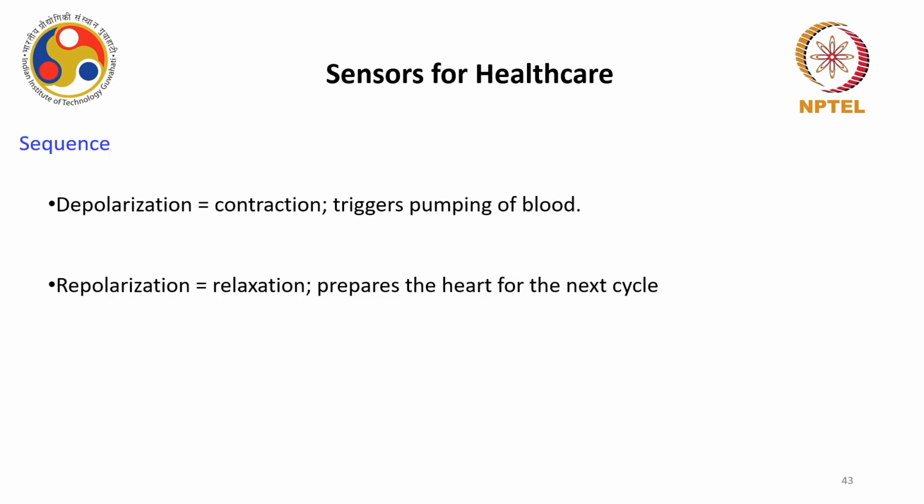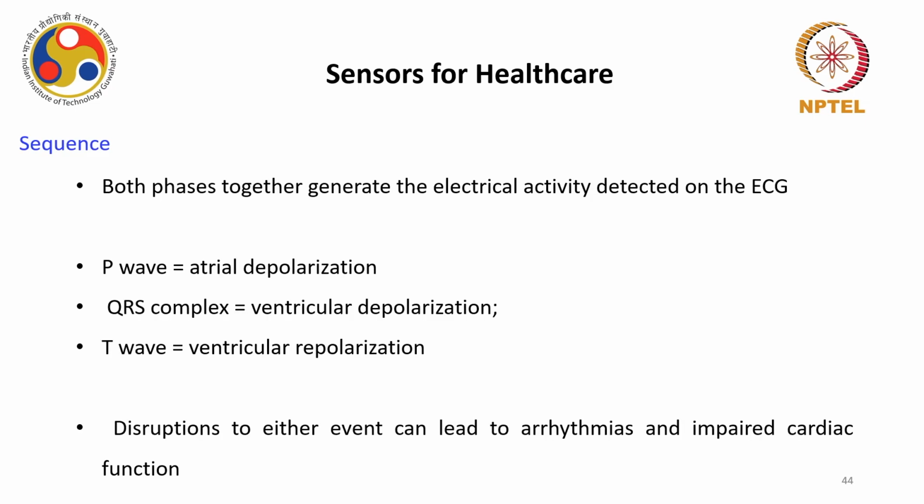So, if you see the sequence, depolarization is contraction, and it triggers the pumping of the blood, and then you have repolarization, which is basically the relaxation and prepares the heart for the next cycle. Okay. So, both phases together generate the electrical activity which is detected by the ECG. Okay. So, we will see what the P wave, QRS complex and T wave are.